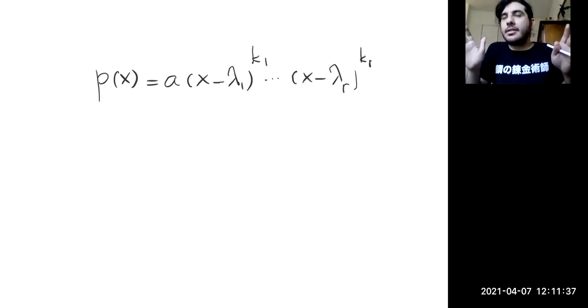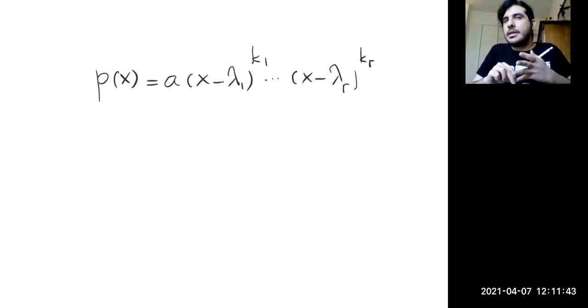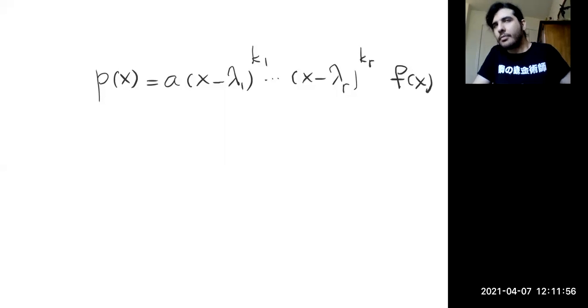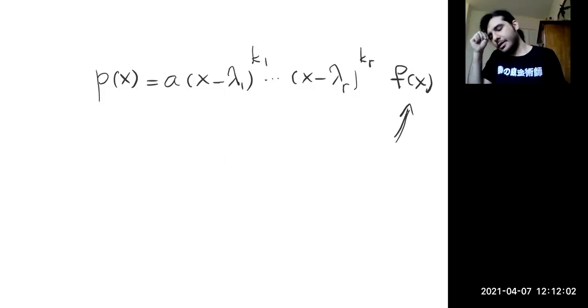So all the eigenvalues appear here in this polynomial.